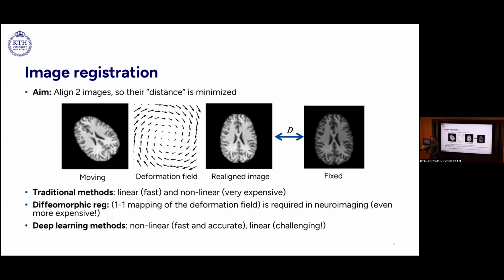But the good thing is that with deep learning it is fast and accurate. It's a bit weird that this nonlinear diffeomorphic registration is faster and more accurate with deep learning, but it's more complicated for linear. But yeah, this is something.